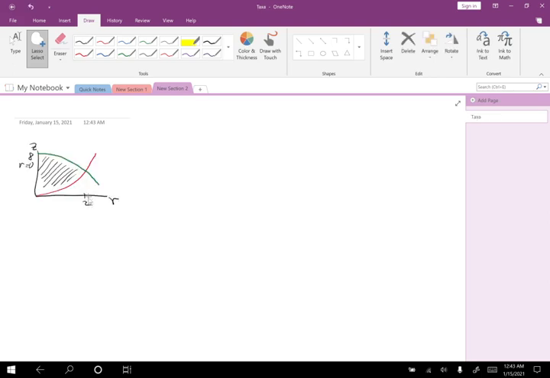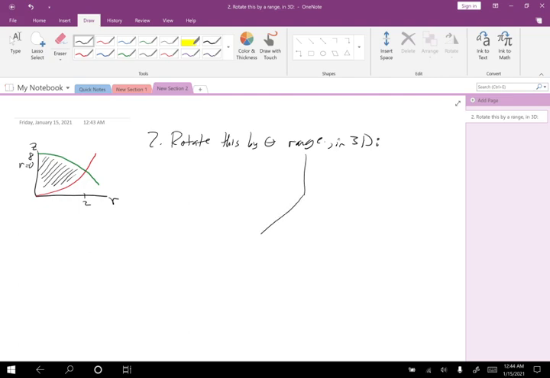Okay, so the way we do the next part is we just rotate by the theta range in 3D. So I'll just draw the axes that we want: x, y, and z.